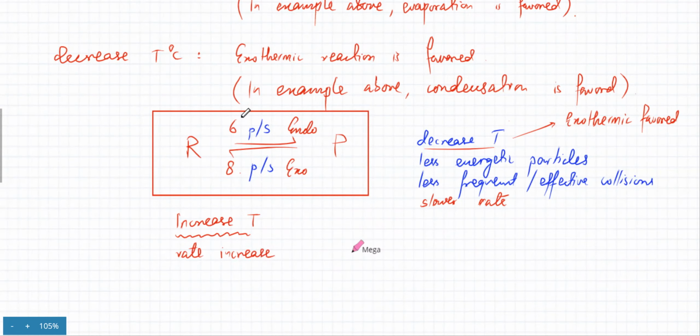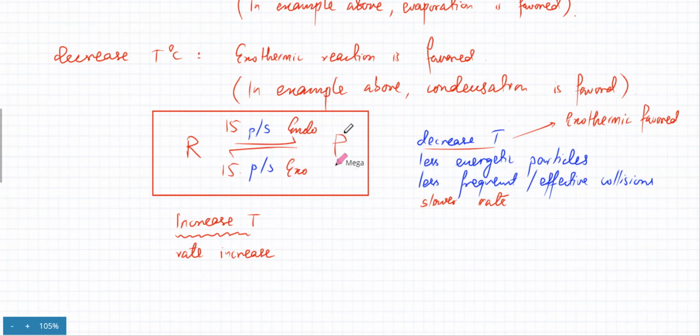So both forward and backward reaction speeds are going to increase. So now 15 particles per second are changing into products and 15 particles per second are changing back into reactants. Let's assume that I've increased temperature and the rate of both reactions would increase, forward and backward both.